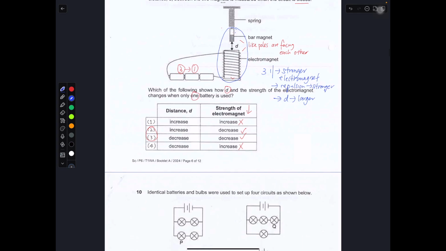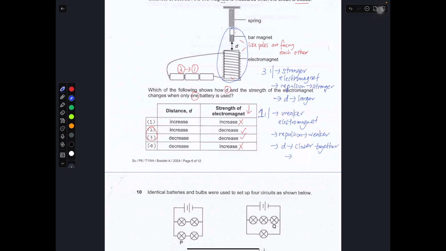Now if we do reverse thinking, if there is one battery, it will be a weaker electromagnet, so the repulsion will be weaker and D will be closer together.